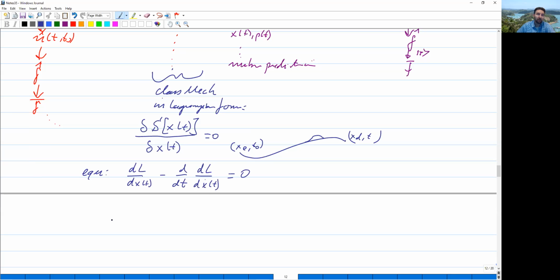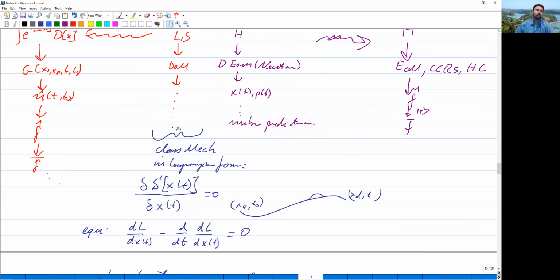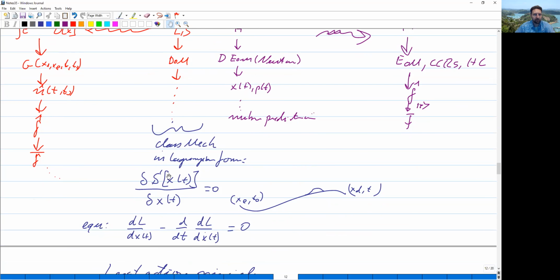Now, often people say that this is the so-called least action principle. But now we see that's a misnomer. We should not call it the least action principle. And the reason is that, coming from quantum mechanics, we can now understand more deeply why this makes sense for classical mechanics.